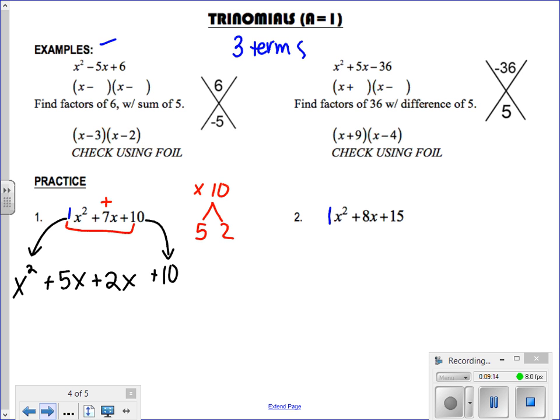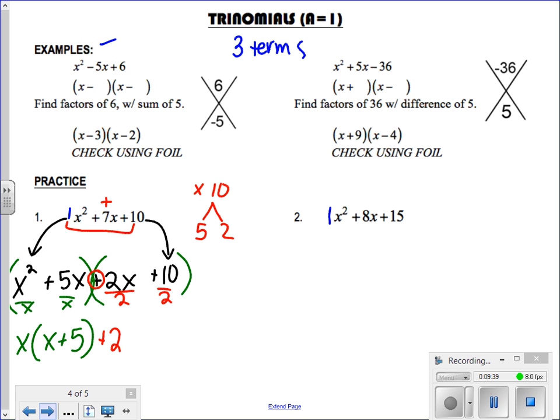Now, in order to factor, I'm going to group the first 2 terms together and the last 2 terms together. When I pull a GCF out of the left, I have an x, and dividing that out, I get x plus 5. The GCF for the second group has to be positive because there's a plus sign, and it's going to be positive 2.